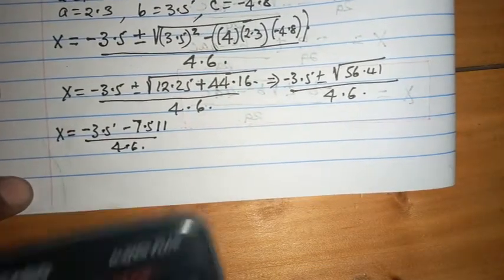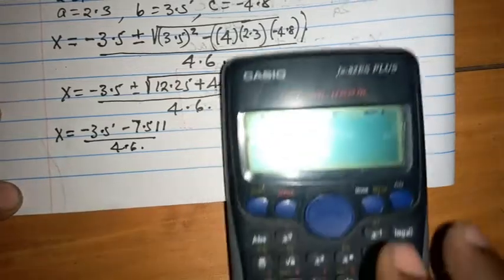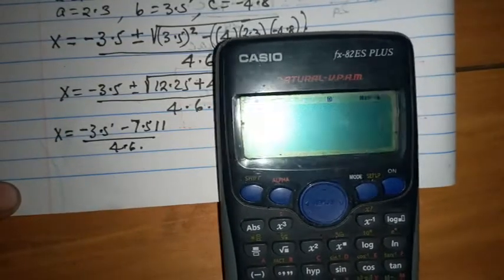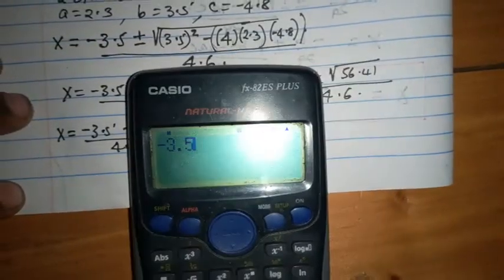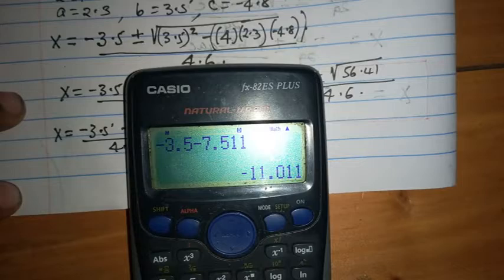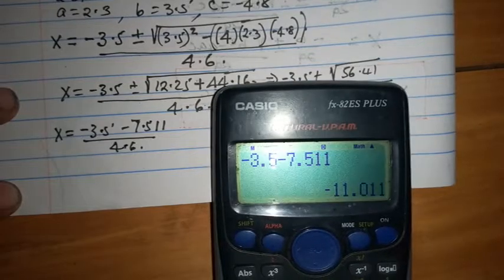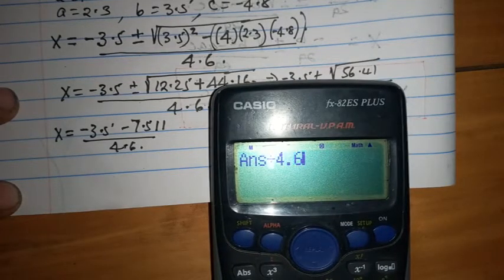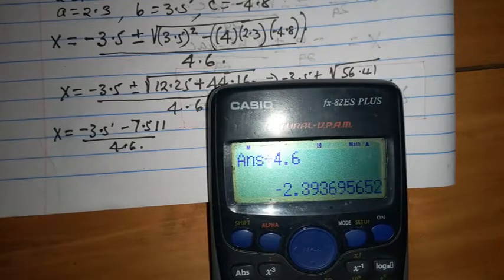What I have now is negative 3.5 minus 7.511, which equals minus 11.011, which we divide by 4.6 to get our answer as negative 2.394.